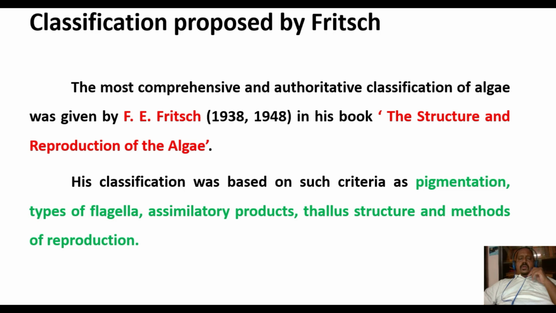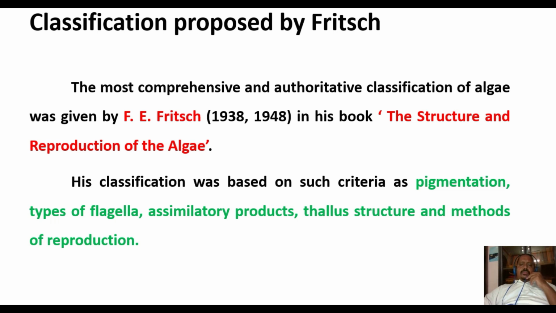So, after seeing all these general characters, we will see the classification proposed by F.E. Fritsch. This is considered one of the comprehensive and authoritative classifications because he wrote the Bible of algology, known as The Structure and Reproduction of the Algae, during the 1930s and 40s.